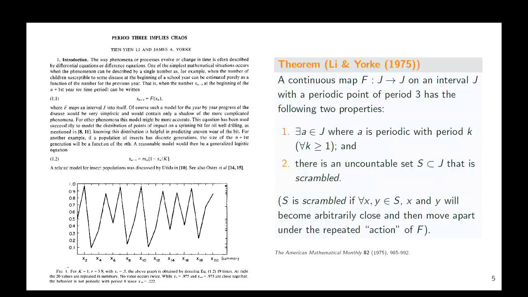And the theorem, and I apologize to my more rigorous colleagues, I will state theorems rather loosely, just to give you the general idea of what's going on, rather than to be 100% precise. But the theorem is, you've got a continuous map, and if you've got a periodic point with period 3, so that means you've got an x, which maps to a y, which is not x, which maps to a z, which is also not x, which maps back to x.